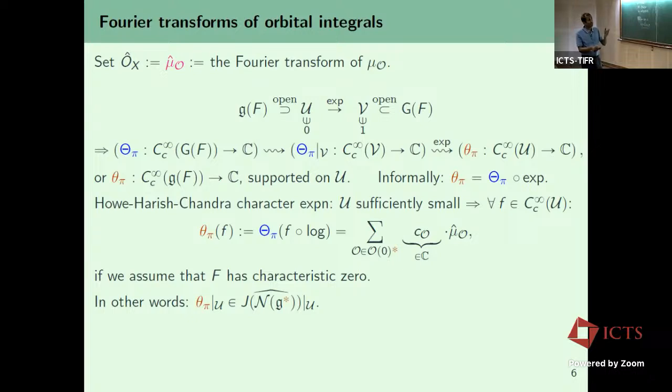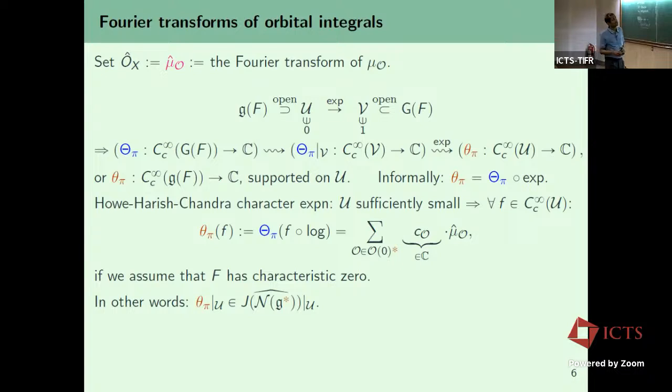I said that the Lie algebra analog of characters is the Fourier transforms of orbital integrals, and this is saying that if you pull down a character to a neighborhood of 0 in the Lie algebra, you indeed get a sum of Fourier transforms of nilpotent orbital integrals. So these are nilpotent orbital integrals in G star. In other words, little theta pi restricted to U belongs to the Fourier transform of the space of distributions supported on the nilpotent cone, that is the span of nilpotent orbital integrals restricted to U. So this is just a rephrasing of this statement, nothing more.